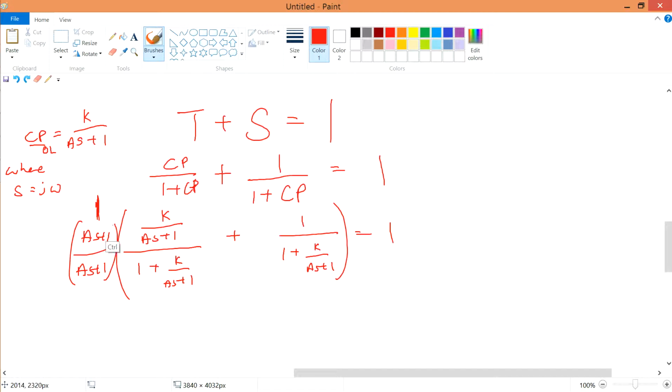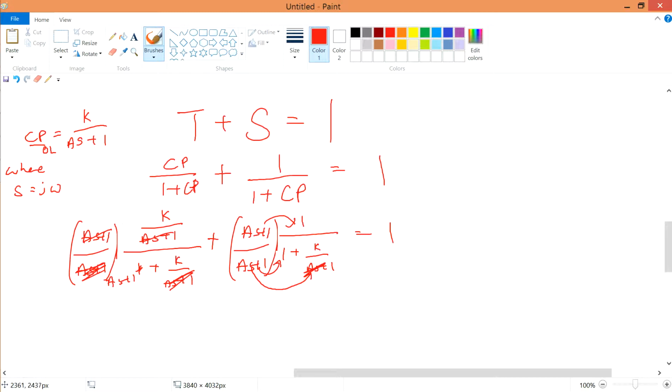So I cancel this, multiply in AS plus 1, then this one cancels, this one multiplies with 1 and cancels with this. I think you get what I mean. It's just rearranging. So at the end of the day, what I have is just this one, plus AS plus 1. So we have this.